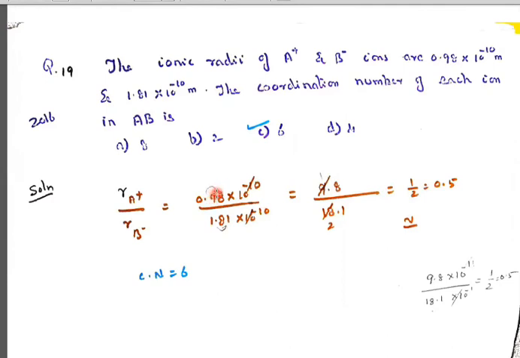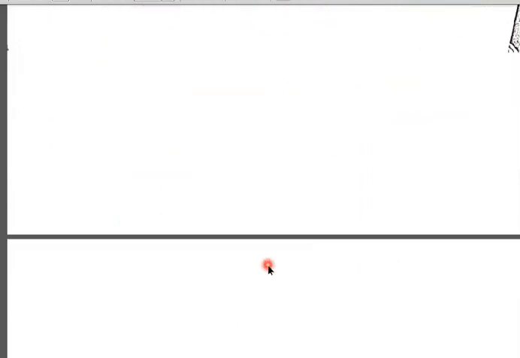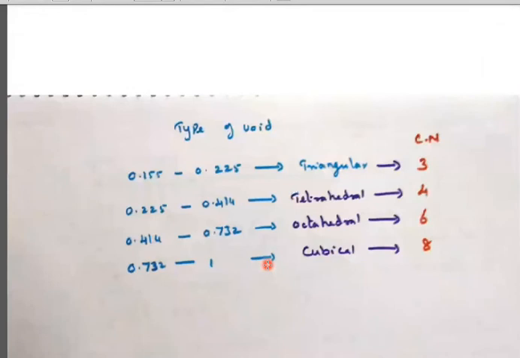If you move the decimal one place, it becomes 9.8 into 10 to the power of minus 11 and 18.1 into 10 to the power of minus 11. The 10 to the power of minus 11 cancels. So 9.8 divided by 18.1, this is about 2 times, so 1 by 2 is nothing but 0.5.